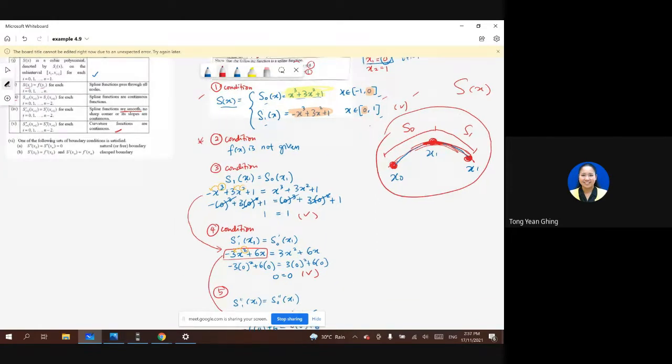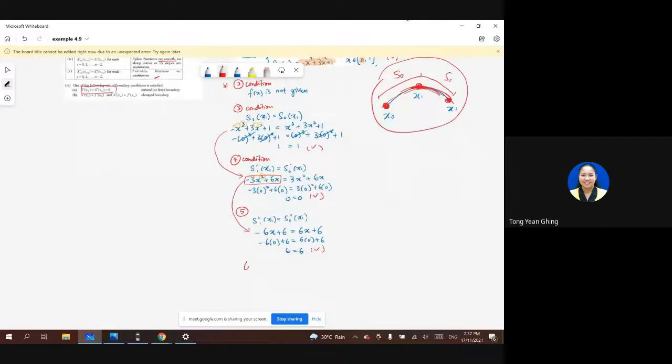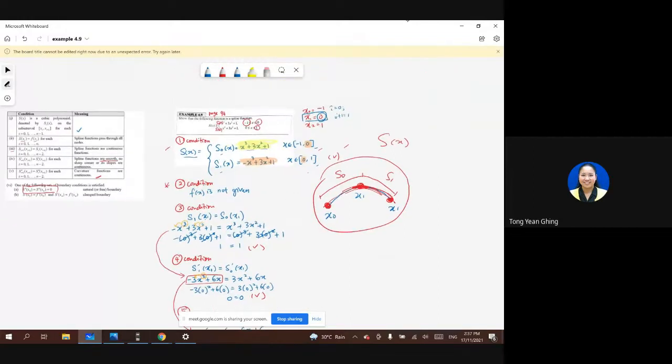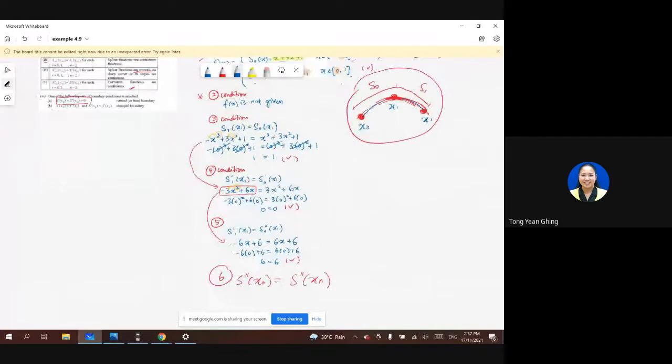So cuma last kali sama ada we want to check or not whether this is a natural cubic spline or not. The last one is S prime x naught have to be same with S prime xn. So x naught xn kita 2. So tadi kan this equation.